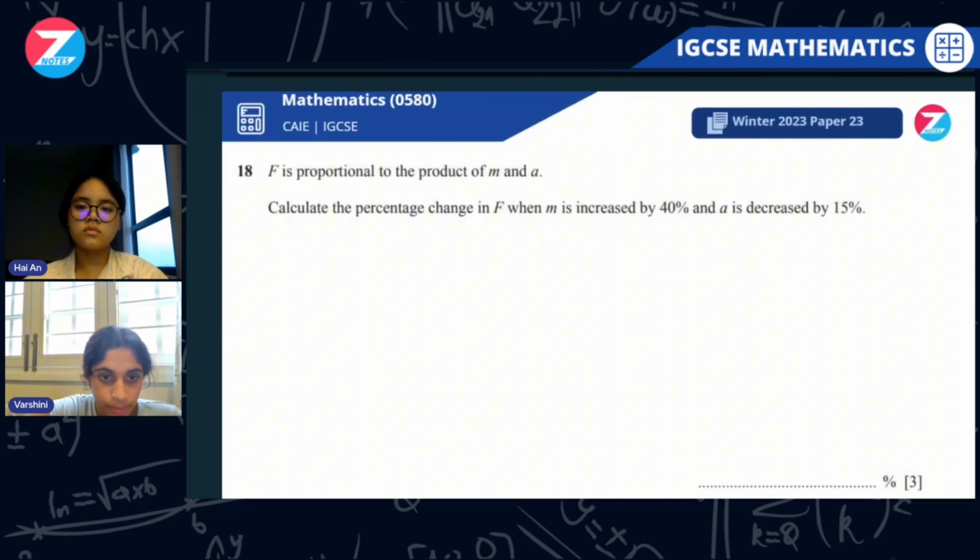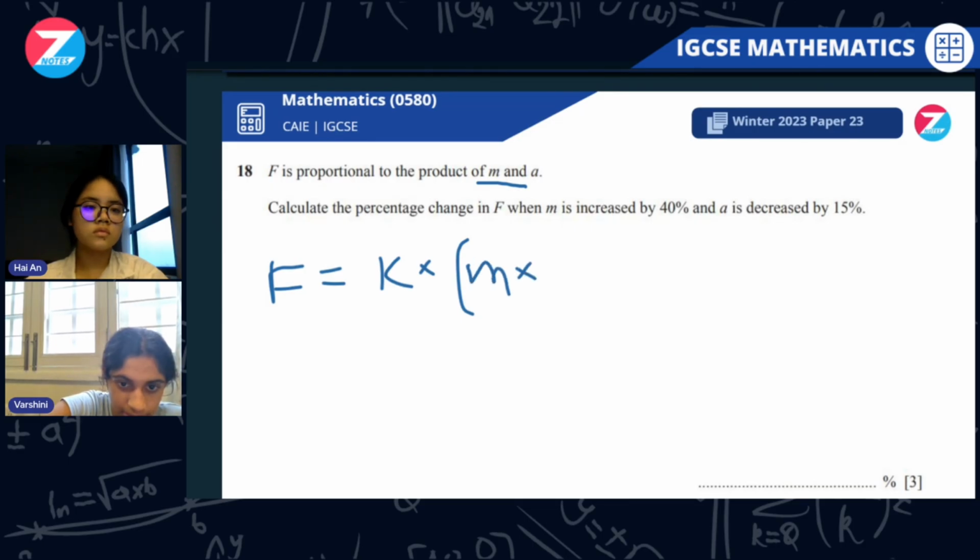Question 18. F is proportional to the product of m and a. So we know that by the sign proportional, that means F equals k times the product of m and a, which is m into a. And if it said it was inversely proportional, then we do k divided by m into a.